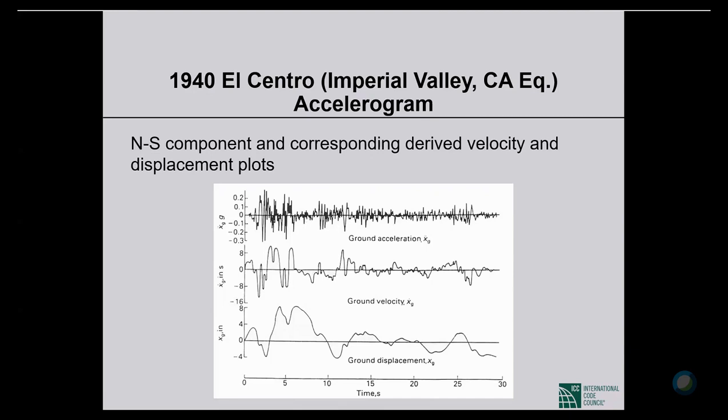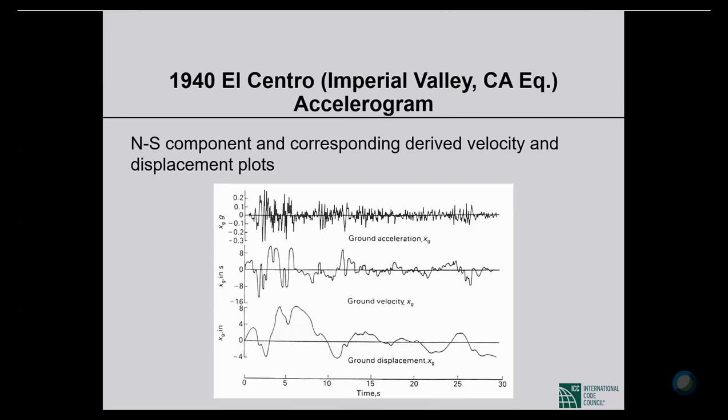Most of the time, these are strong motion accelerographs that we deploy around the globe. They measure ground accelerations, not velocities, not displacements, simultaneously in three orthogonal directions: two mutually perpendicular horizontal directions and the vertical direction.